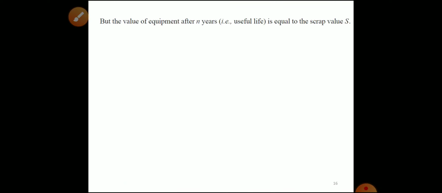But the value of the equipment after n years, as I told you, after n years of useful life, whatever the value of the equipment is, that is called the scrap value, S. Therefore, S is equal to P(1 - x)^n.